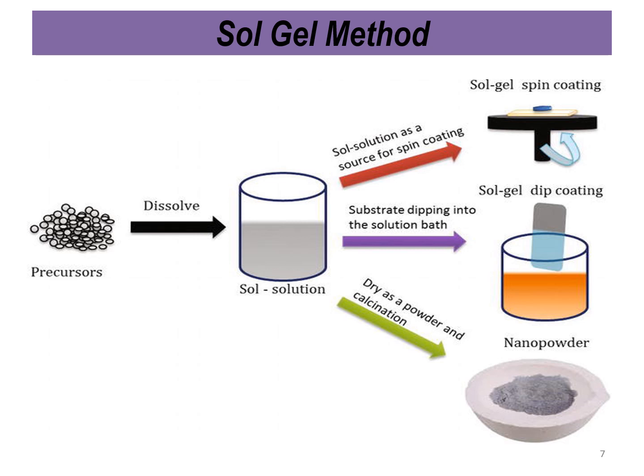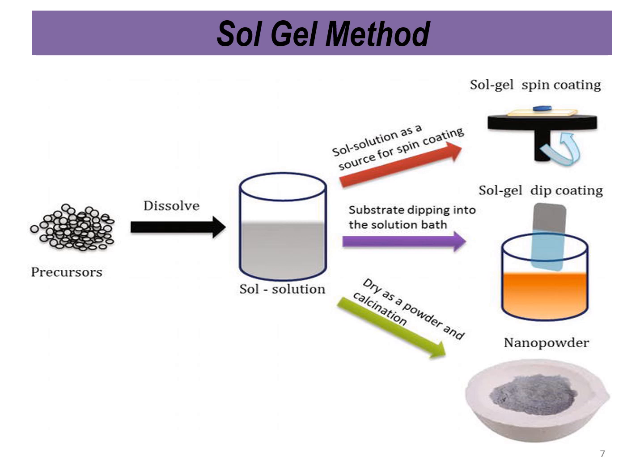Then the second way of processing is substrate dipping into the solution bath. When we obtain the salt solution, we dip a substrate into this solution, and on the surface of the substrate the nanoparticles are obtained.